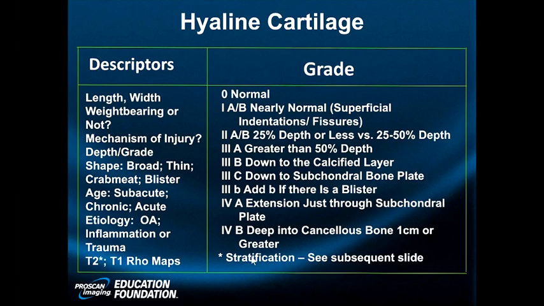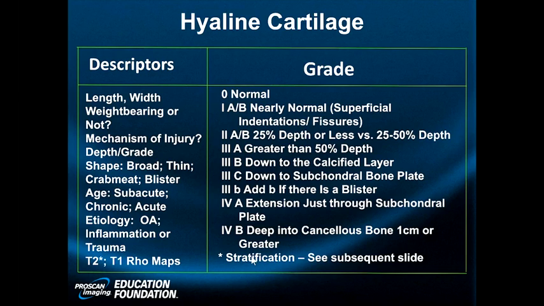health of their cartilage. So when I'm looking at a cartilage lesion, I look at the length, the width. Is it weight-bearing or not? How did they get it? Did they get it from an acute trauma or a chronic trauma? What's the depth? How am I going to grade it? What's the shape? Is it vertical?